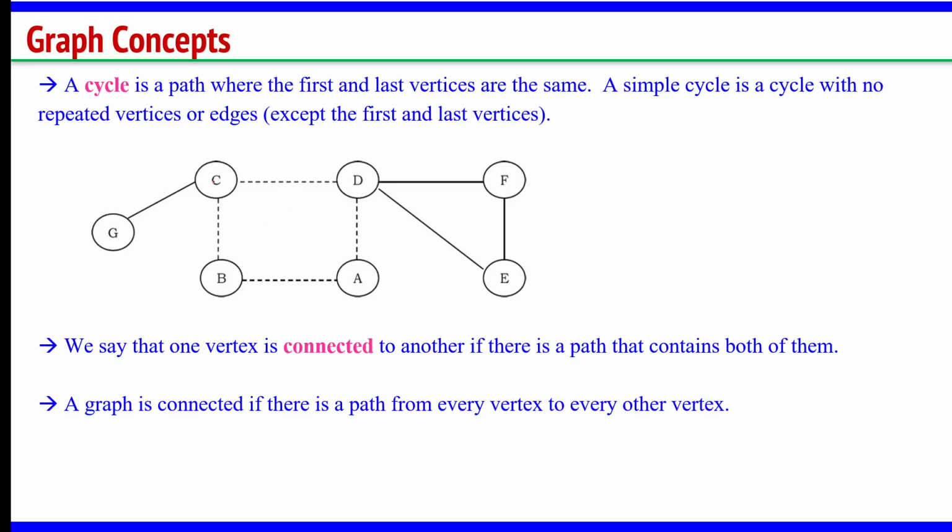Cycle. So a cycle is a path where the first and last vertices are the same. If you begin at this point, you travel and come back to the same place. This is a cycle. We say that one vertex is connected to another if there is a path that contains both of them, like this.